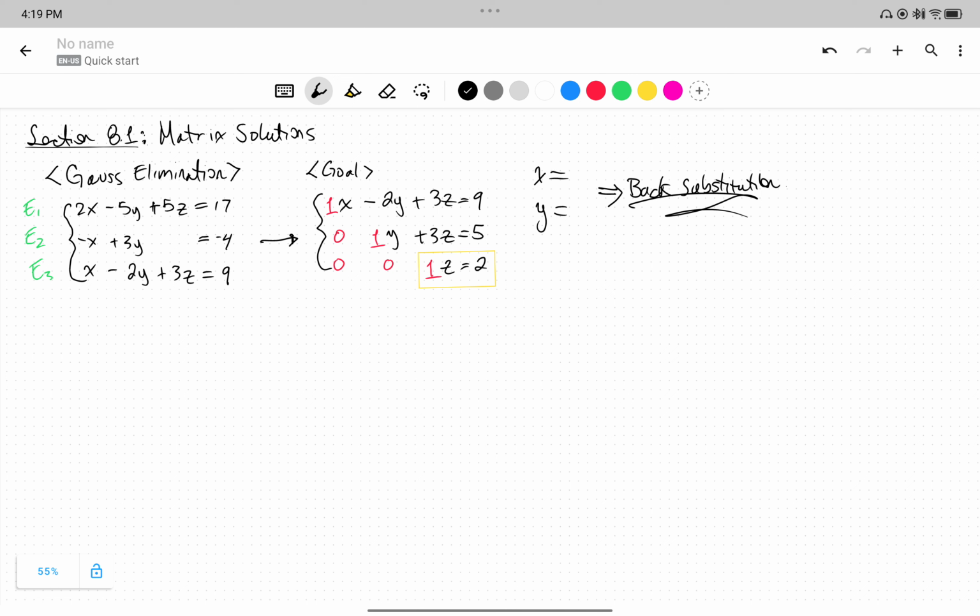Let's look at the comparison now. To begin with, we use something called a matrix. Even though it sounds very fancy, all it means is we're just going to write the numbers and forget about the letters. We call it the augmented matrix.